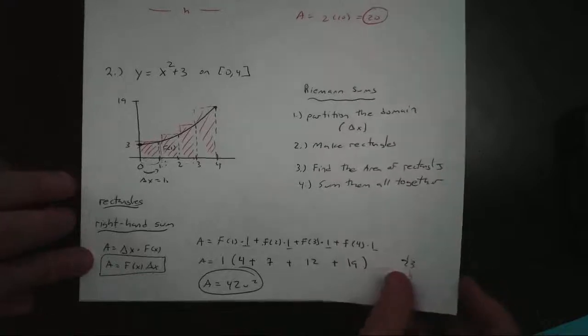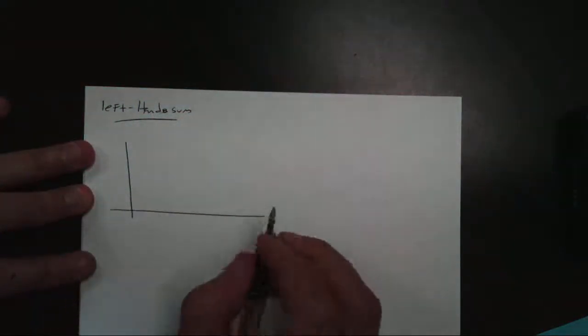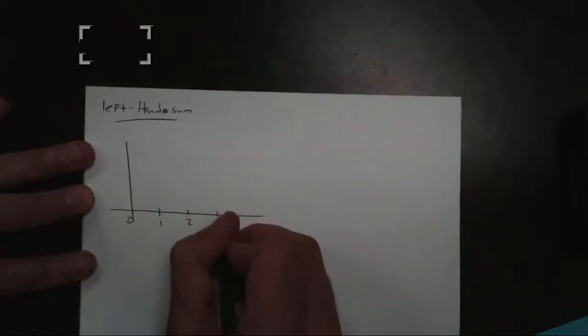Let's take a look at what we call the left-hand sum. Now, to get the left-hand sum, it's the same thing. So if I'm going to graph it out again, just like we just did, between 0 and 4, 1, 2, 3, 4. I'm still starting at 3, and I'm still going to end at 19.